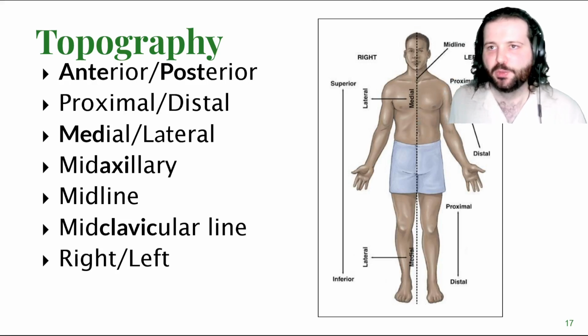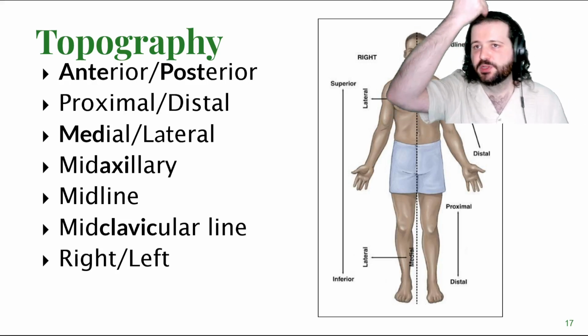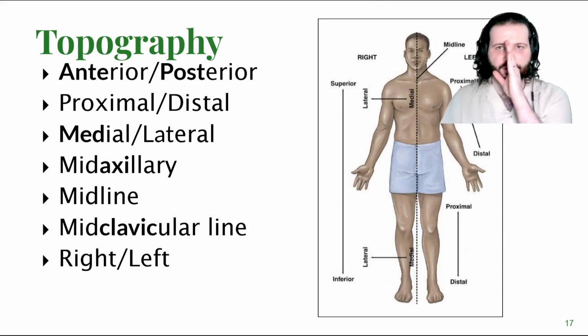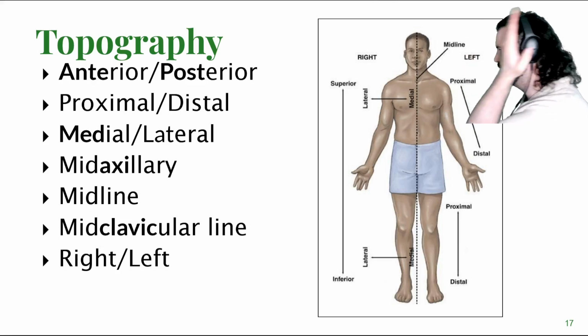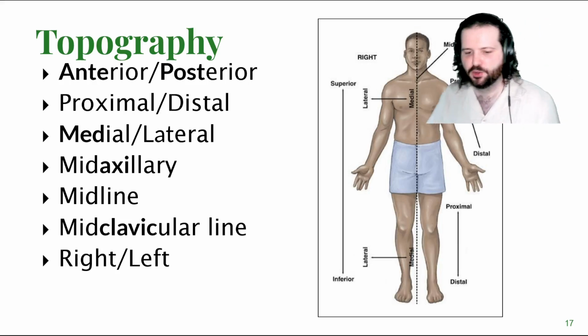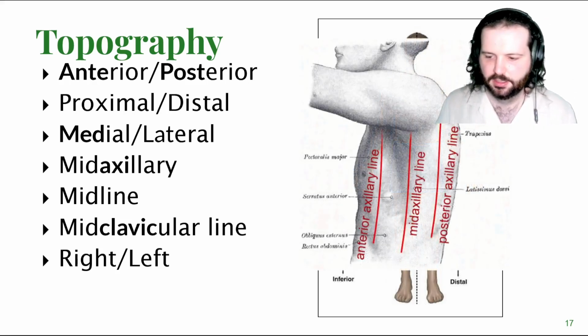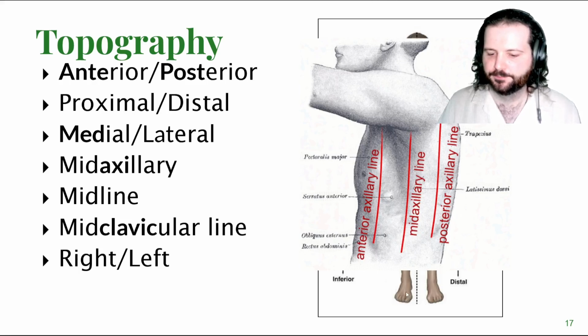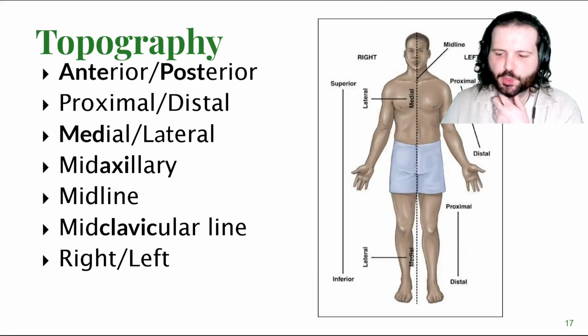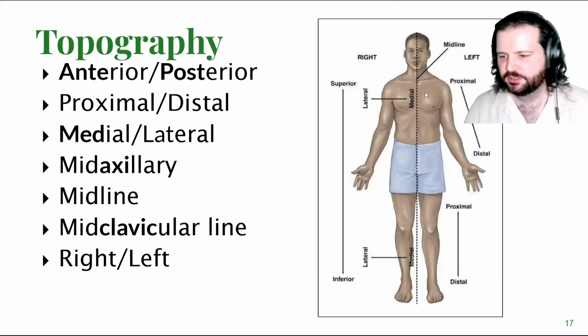Now, we also have another line. If we split ourselves directly down through the nose, we also can split the human body to the side, and we call that mid-axillary. So as if there was a line coming down through this way. Right? We also have that midline, directly down the middle. And then there's one more line that's not on this graph here.